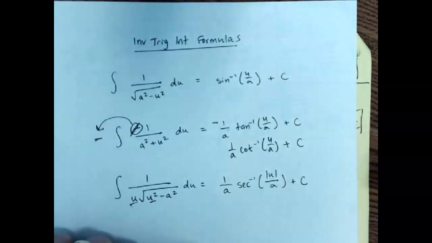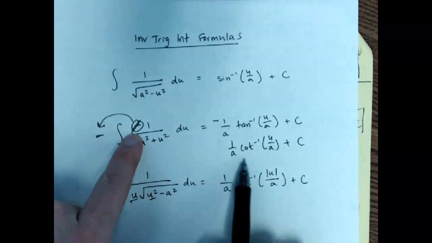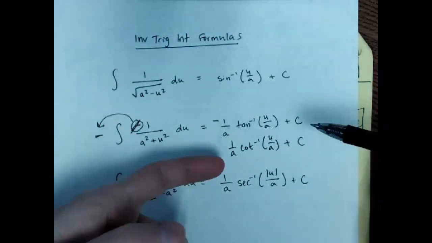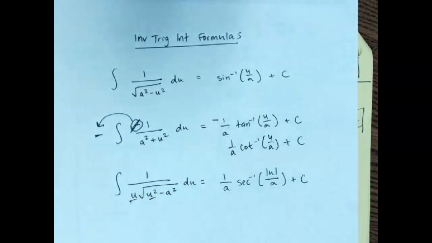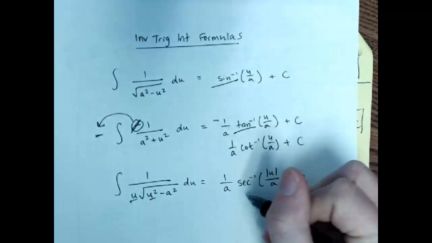There's some debate. It's not really wrong. If you had the negative, integrating it into the cotan isn't really wrong, because if you took the derivative of this versus the derivative of that, you would get the same thing. But technically, when we're doing these inverse trig integrations, you'd always want to integrate into either a sine, tangent, or secant inverse.